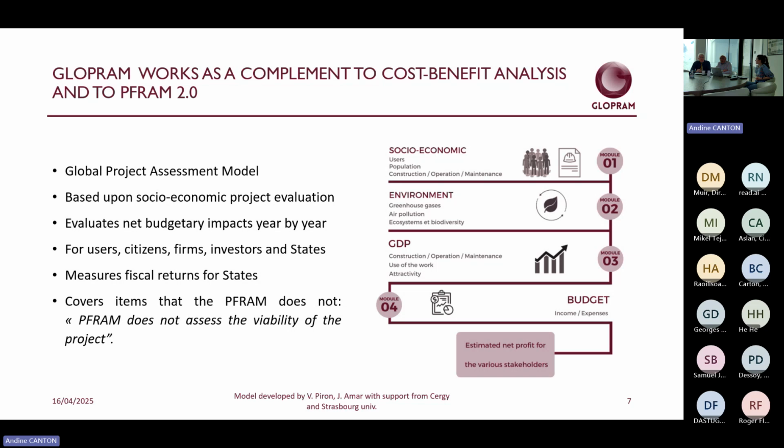But it doesn't assess the viability of the project and doesn't give information of what is positive for the country if the project is a good one. So GLOPRAM aims to help to understand the positive aspect and should be used as a complement to cost-benefit analysis and to PFRAM 2.